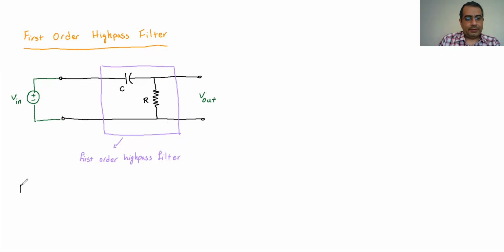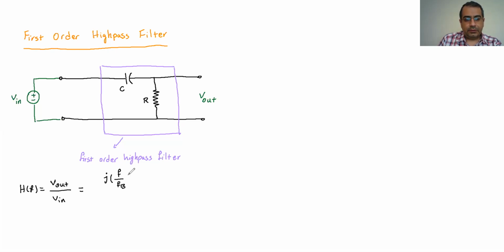That high pass filter, which is basically the V out versus V in, if you do the calculation, is going to be j F over FB.